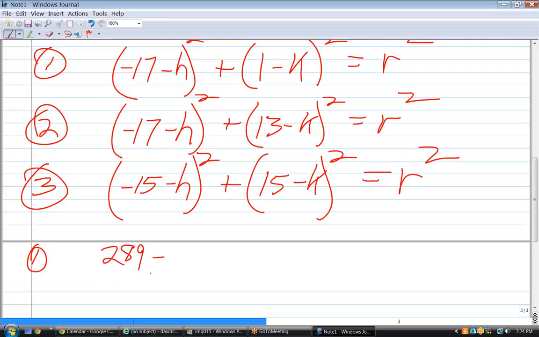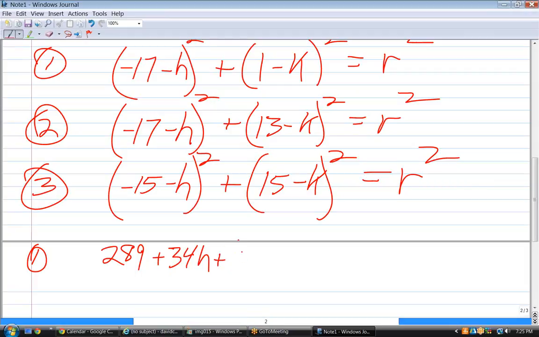Okay. Keep going. Minus 2 times 17 times h. In other words, the next term would be minus 17 times minus h, which is a positive 17h. And then the term after that is minus h times minus 17, another 17h. So that's 34h, plus h squared.